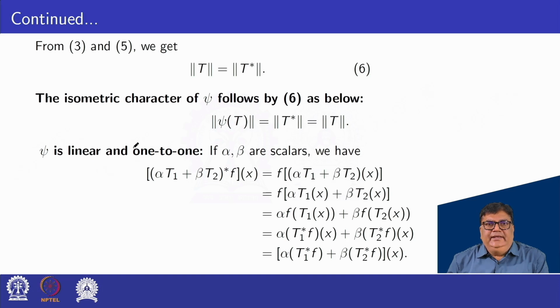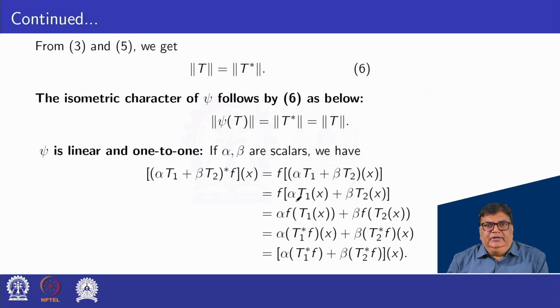Now we prove psi is linear and one to one. Let alpha, beta be scalars. We have (alpha T1 plus beta T2) star f x equal to f of (alpha T1 plus beta T2) x, as per the definition of adjoint. This can be written as f of alpha T1 x plus beta T2 x.